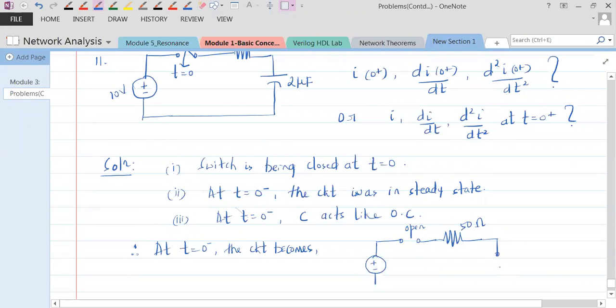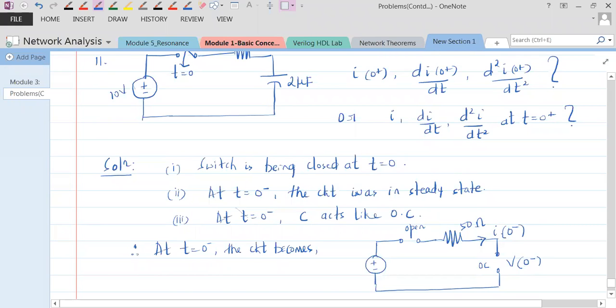We have the capacitor which acts like open circuit. So across that capacitor, a voltage drop would appear, that is V of 0 minus. And if there is a current flowing, I should denote that as I of 0 minus.